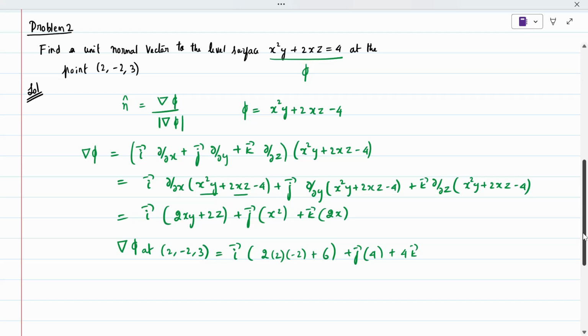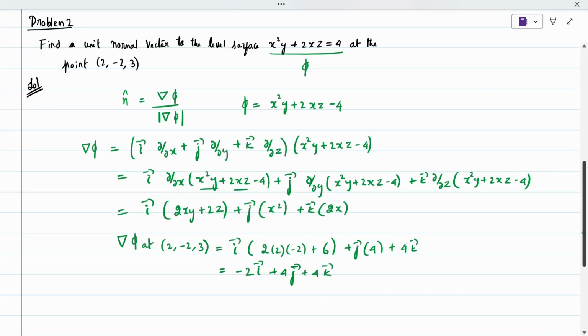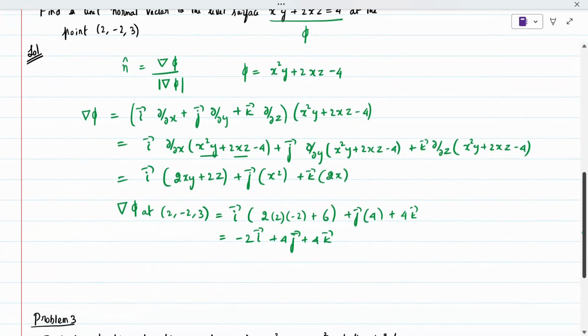So 4 twos are 8, 8 minus 8 plus 6 is 6, and 4. Answer will be minus 2 i vector plus 4 j vector plus 4 k vector is my del phi.